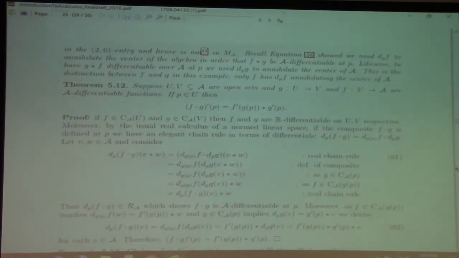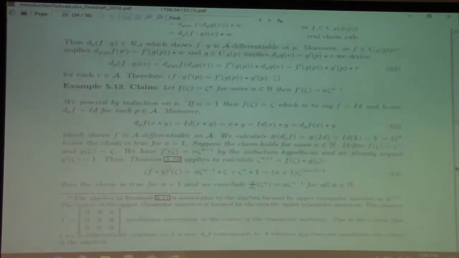In fact, if you want to know where I came up with this, I can tell you what this algebra actually is. It's isomorphic to the algebra formed by upper triangular matrices in R 3x3. You look at the product of upper triangular matrices, it's another upper triangular matrix. And so if you look at a, b, c, d, e, f, there's 3 plus 2 plus 1 components. That's 6-dimensional. Multiply those.